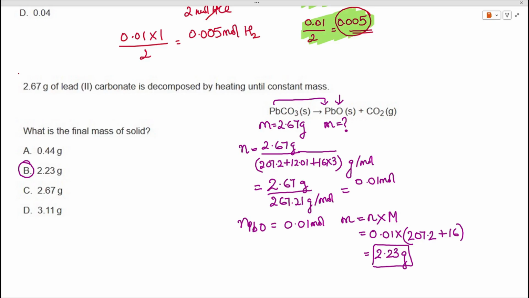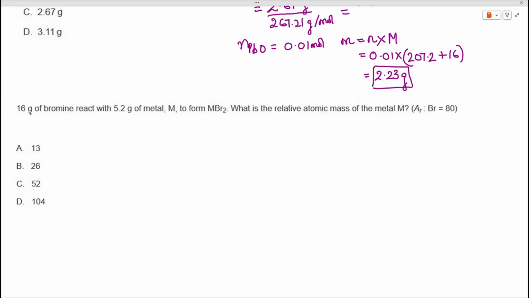For this next one, the question says 16 grams of bromine. So bromine will be written as Br2 just because it is a diatomic element, plus it reacts with a metal and it forms MBr2.